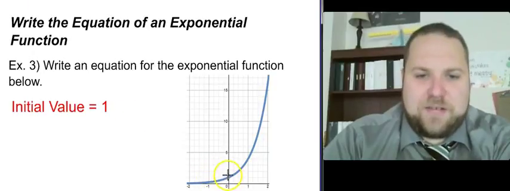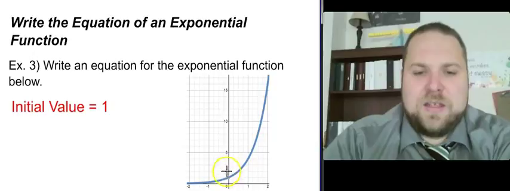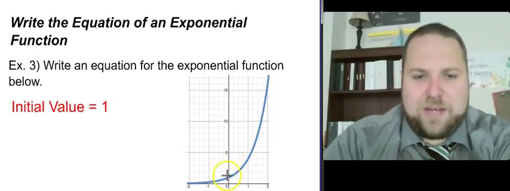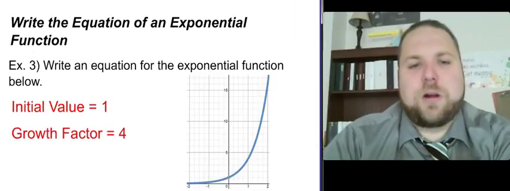To find my growth factor, I use the initial value being 1, and then I go over here to where x is equal to 1, and I trace that up and find the y value there, and it's going to be 4. So if my y value goes from 1 to 4, I can do 4 divided by 1 and find my base, or my growth factor, to be 4.